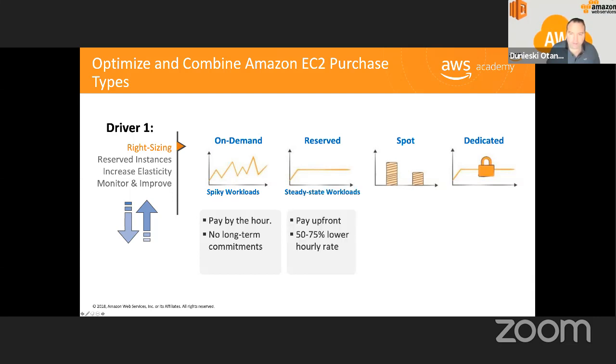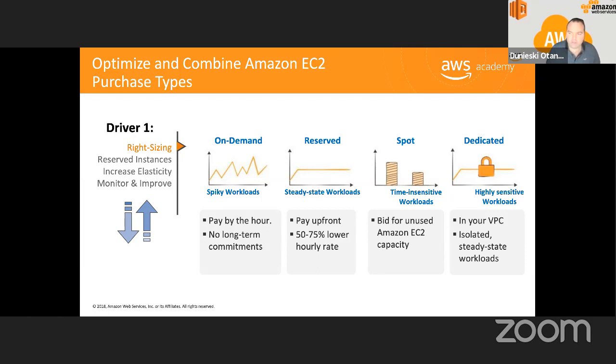Reserved is for steady-state workloads, pay upfront, and you can save 50-75% on the hourly rate. Spot is bidding for unused Amazon EC2 capacity, for time-insensitive workloads. Time doesn't matter; you can start and stop any way you want. Dedicated is for high-sensitive workloads in your VPC, isolated steady-state workloads. Don't forget the use cases of these 4 purchase types.